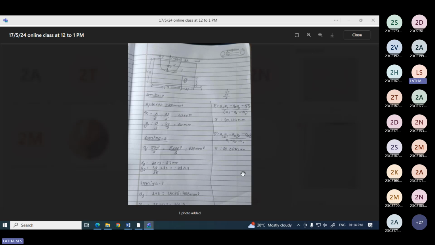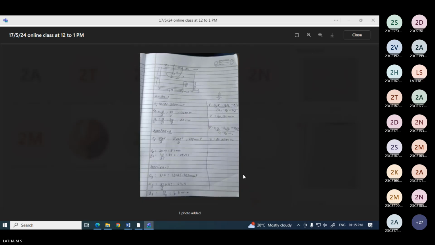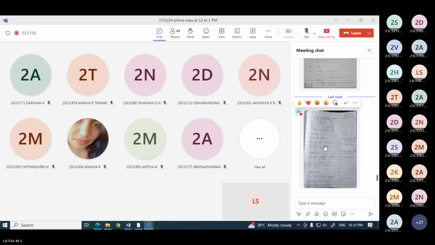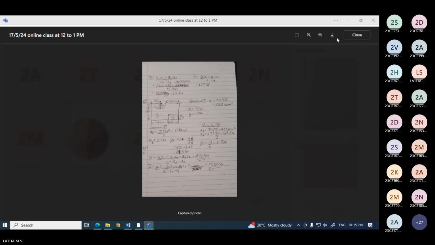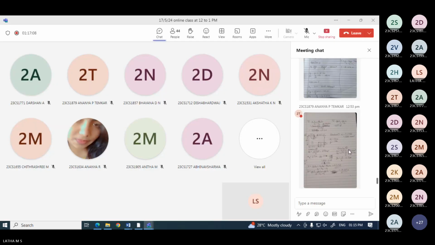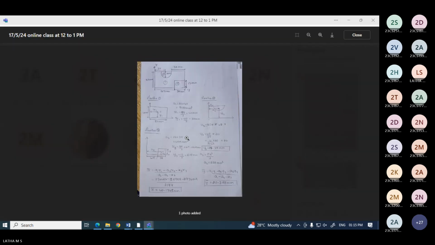Got the same answer, Hardik? Check your answers, Hardik. The same answer, 40 and 19.5. Okay, somewhere you got 20.36. 40. Some decimal differences.